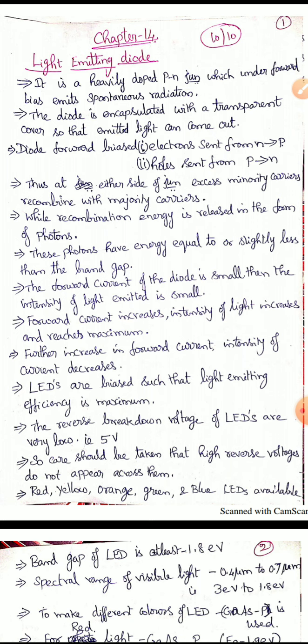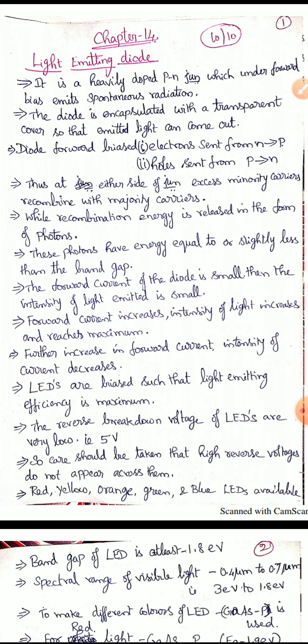If the forward current of the diode is small, then the intensity of the light emitted will also be small. If the forward current increases, the intensity of the light also increases, and it reaches a maximum.